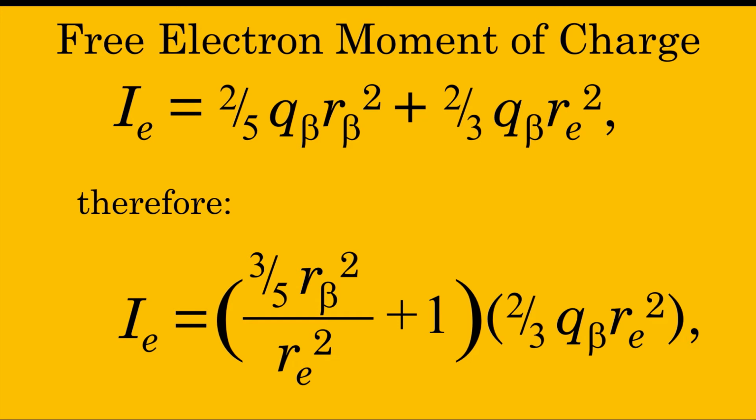Recall that the moment of charge of the beta electron in the free electron is I sub e equals 2/5 q sub beta r sub beta squared plus 2/3 q sub beta r sub e squared.